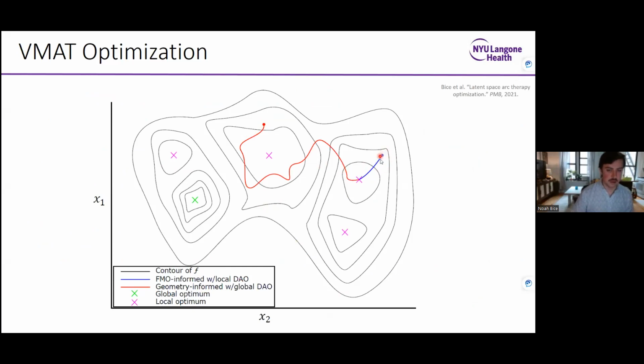They might arrive at the same solution, but the local DAO algorithm might start off with a better looking solution and then use gradient descent or some other gradient-based algorithm to descend to a nearby local optimum. And a geometry-informed global DAO maybe has a worse initialization, but can sort of mosey its way over to a satisfactory solution.